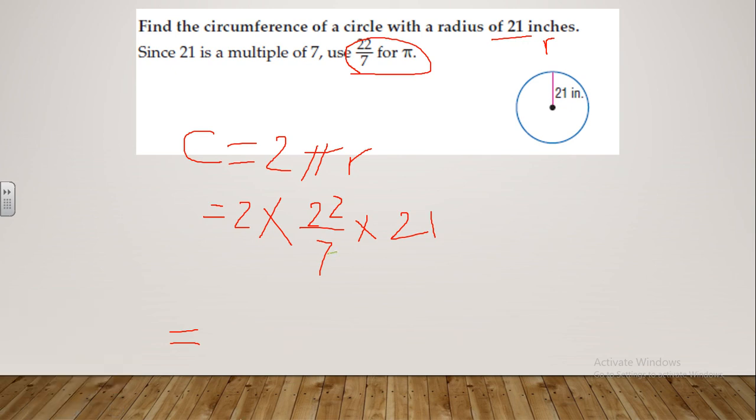So 7 divided by 7 is 1, and 21 divided by 7 equals 3. Now we have 2 times 22 times 3, and that will equal what? Who can tell me? Super, that will be 132. Great job, my dear.